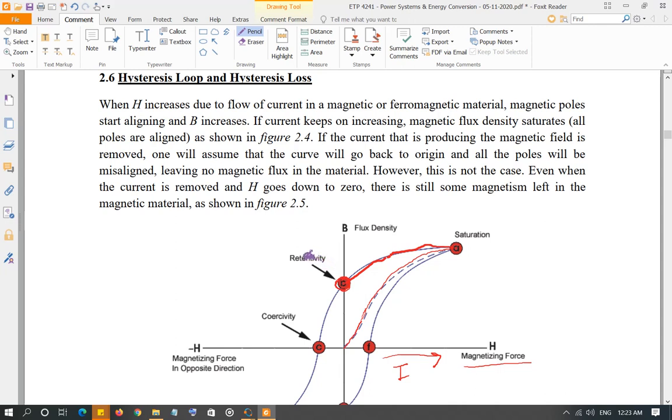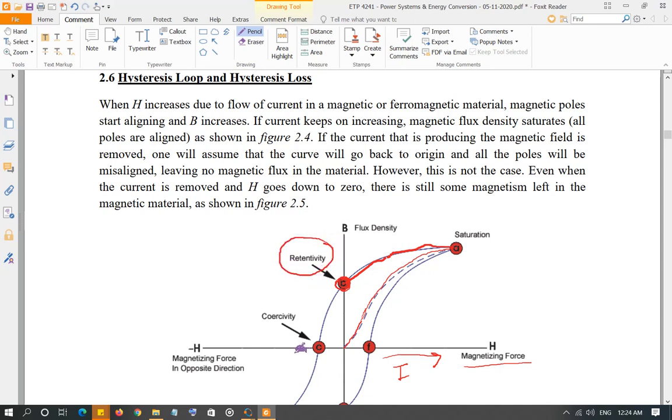There is no current flowing right now, because we are on the y-axis. There is no current, and you have some magnetic flux in the substance, that is, the substance is not totally demagnetized. This property of an electromagnet or ferromagnet is called retentivity.